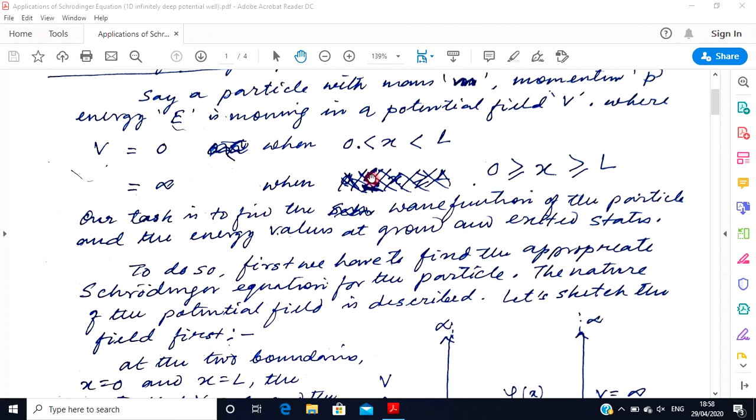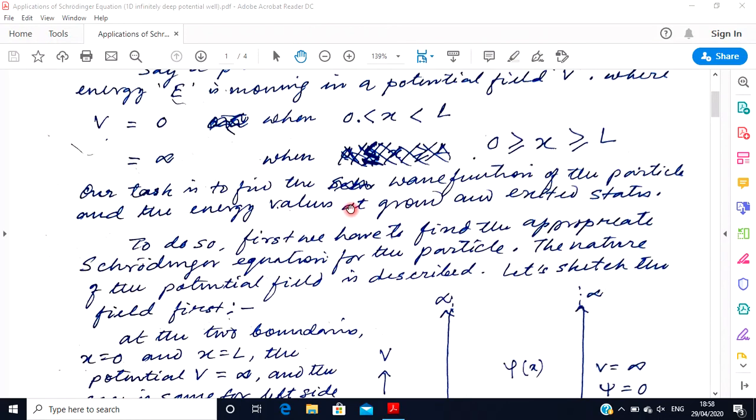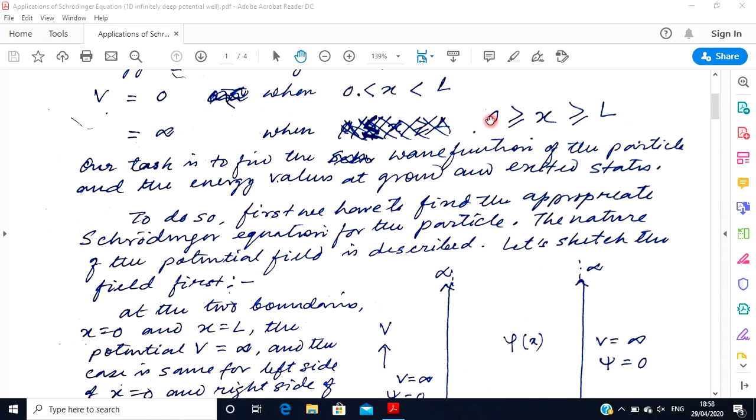So what is our task? Initially, we have to sketch like this. Here we have sketched it. This is the x-axis from minus infinity to plus infinity, and we have tagged x equals 0 and x equals L, and over that we have drawn the infinitely large potential as given here, that V equals infinity when x is at 0 and x is at L and beyond this.